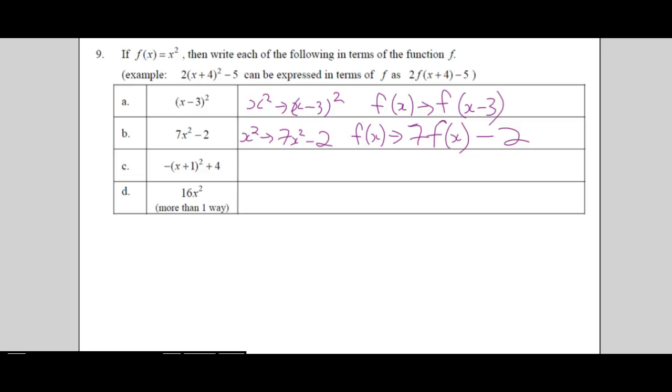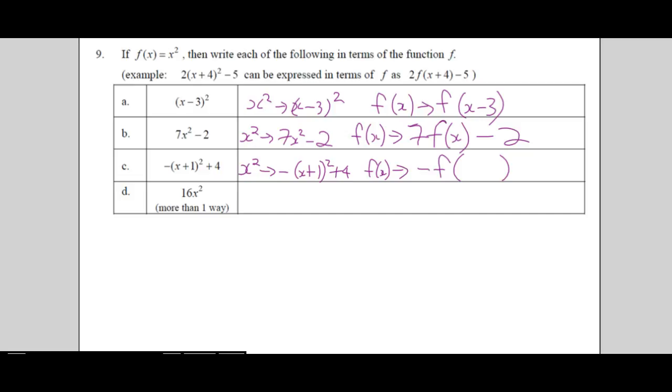So the combination of the two above, right? Start off by saying, what do I want to become? I want x squared to become negative x plus 1 squared plus 4. So I want f of x to become, what goes in the parentheses? x plus 1.